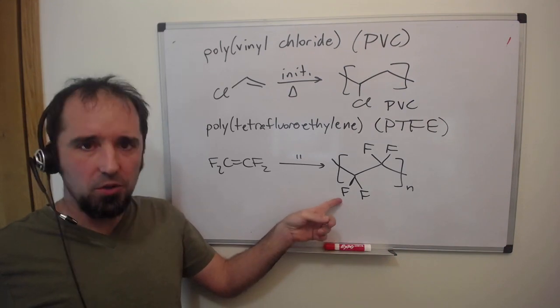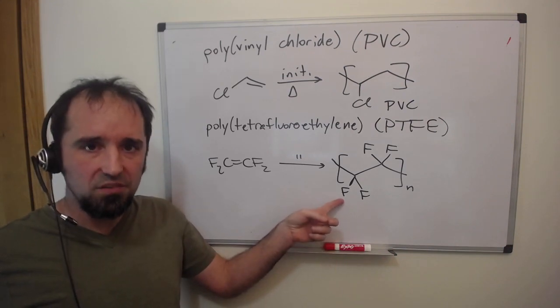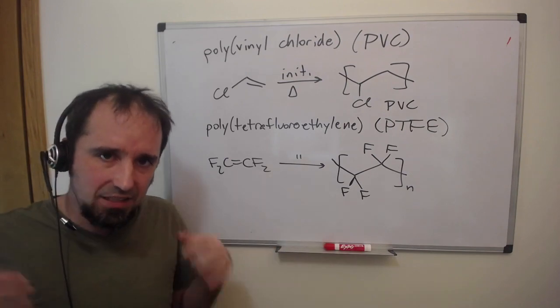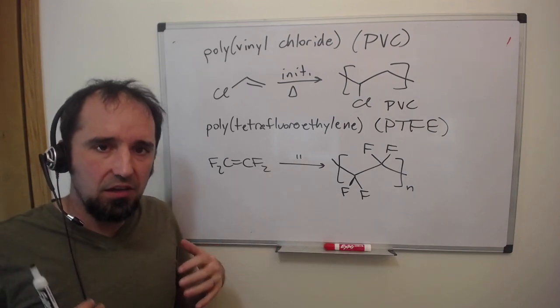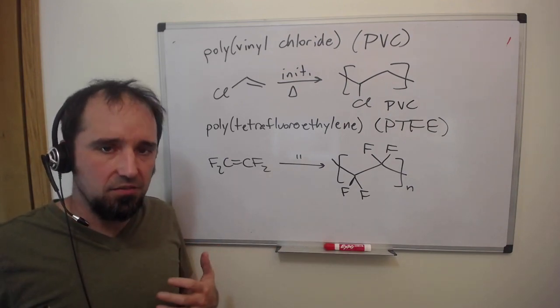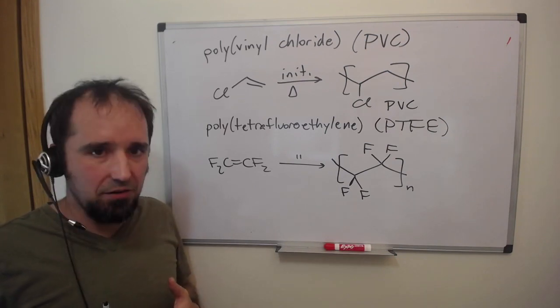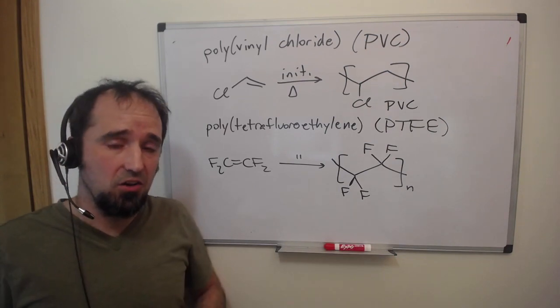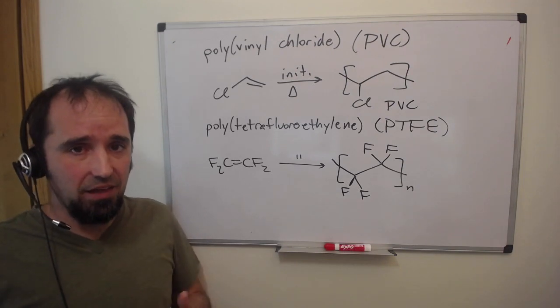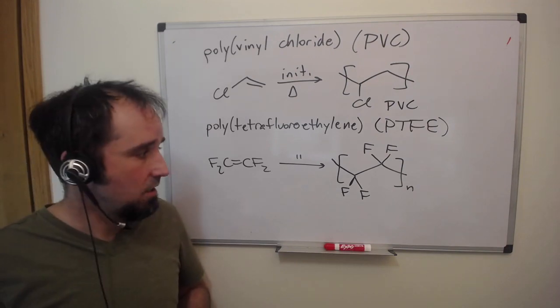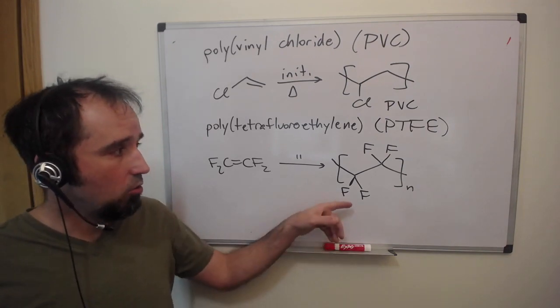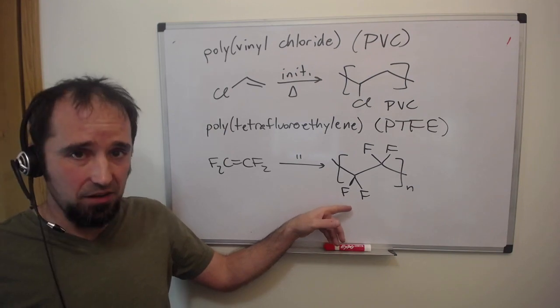Well, remember what we know about fluorine, right? Fluorine holds its electrons really tightly to itself, and so it has really weak intermolecular forces. So we don't have a whole lot of van der Waals forces, no hydrogen bonding, that kind of thing, no London dispersion forces. And so there's not going to be a whole lot of things that can stick to this.